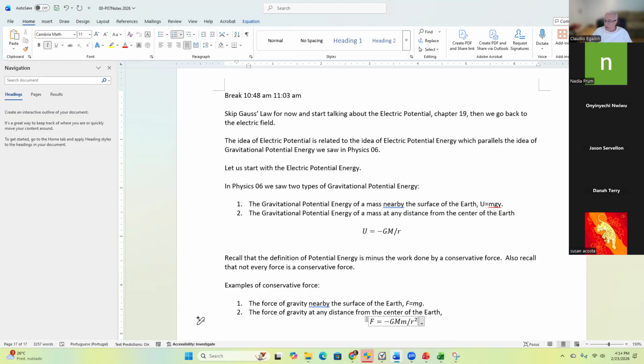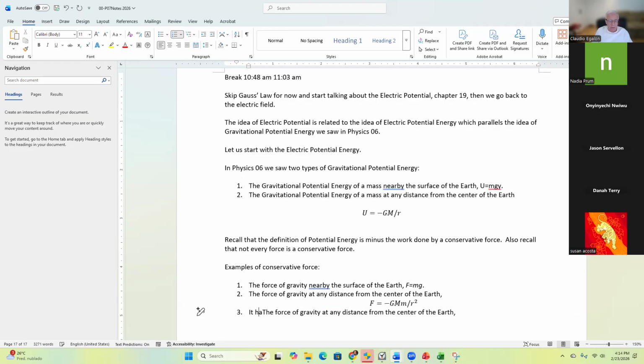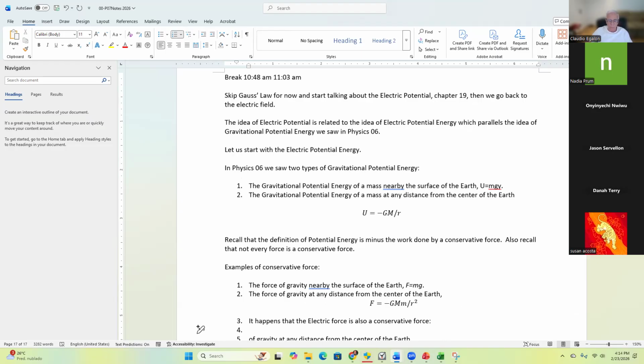And then there is one more type of force that is also conservative. It happens that the electric force is also a conservative force. Remember that the electric force has a similar equation to the universal gravitational force.